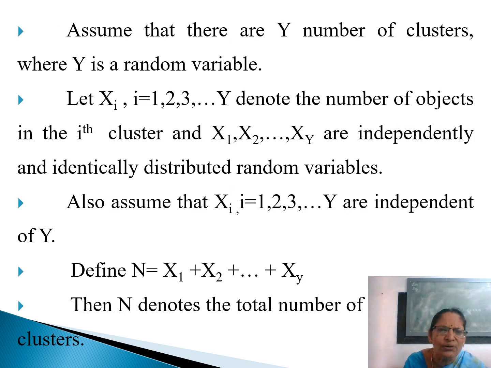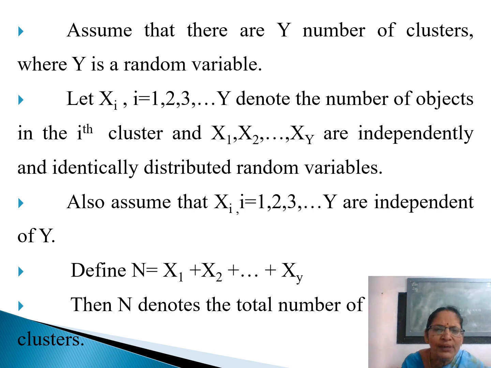Assume that there are Y number of clusters, where Y is a random variable. Let Xi, i varies from 1, 2, 3 up to Y, denote the number of objects in the ith cluster, and X1, X2 up to XY are independently and identically distributed random variables.